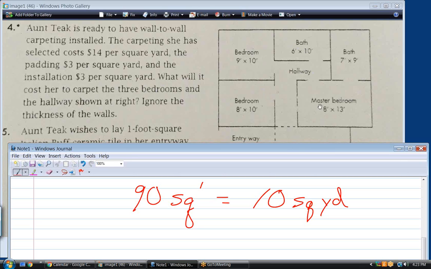The bedrooms are easy enough to figure out. What are the dimensions of that hallway? Or what's the area of this hallway? Here, this is a little tricky. Let me draw it.